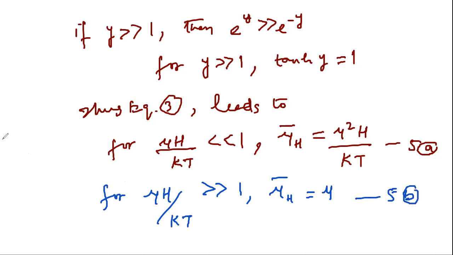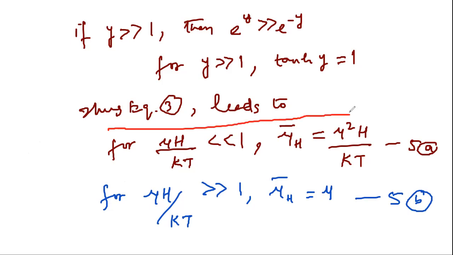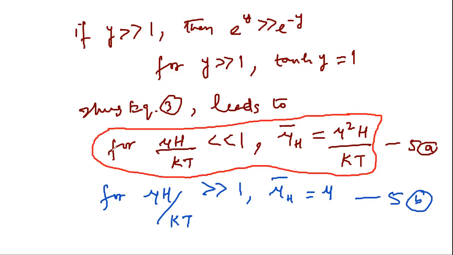Let me write it neatly. This is my 5b. Let me encircle these results first in red color. So this is one result. This is another result.